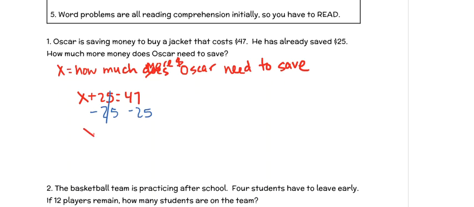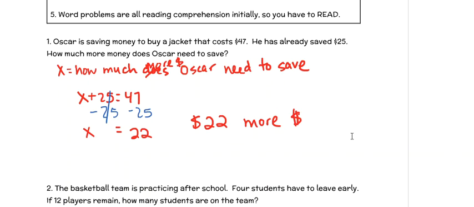And you're going to be left with X equals 47 minus 25, which is 22. 22 plus 25 is 47. So he needs 22 more dollars.